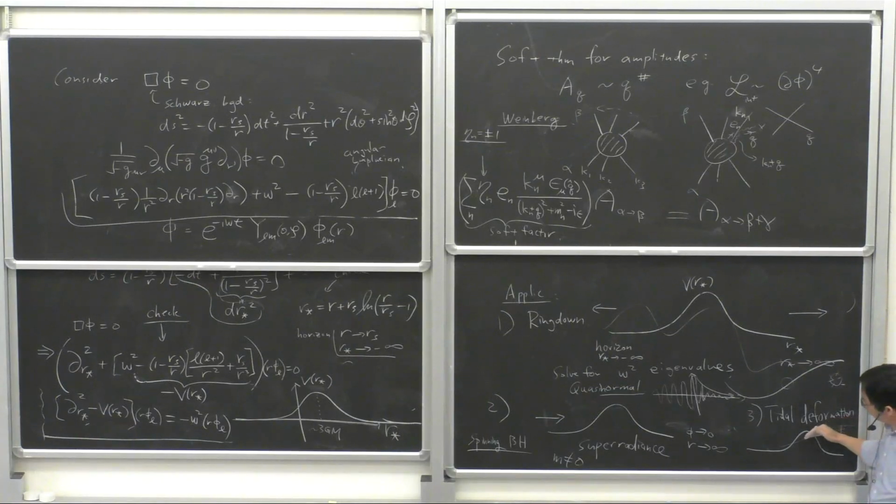You have this tidal field from far away, and you ask, if I impose regularity at the horizon, what kind of response do I get? Does the black hole become this and generate its own multipole response or not? If it generates a multipole response, it would cause basically a tidal tail. I'll talk about that tomorrow, but this is the third application.